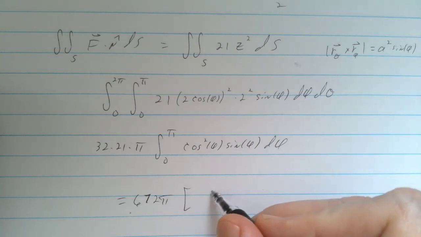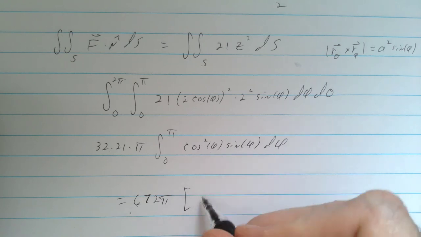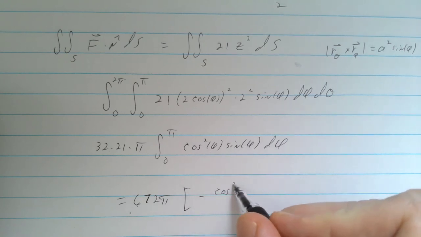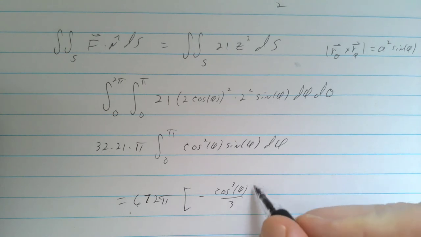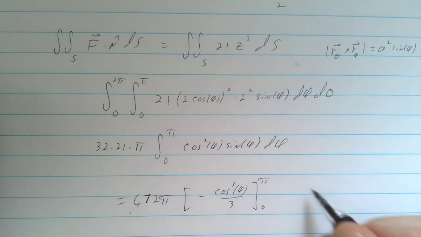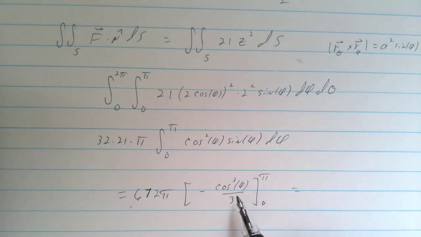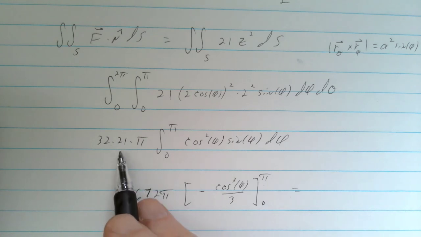Cosine cubed over, if u is cosine, it'll be the negative of cosine cubed over 3, 0 to pi. And that'll actually just give me a 2/3 total. Let's see, I had a 3 here.